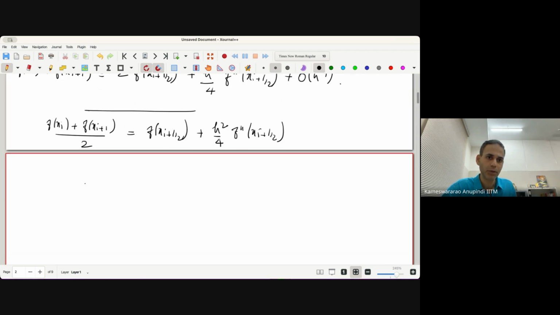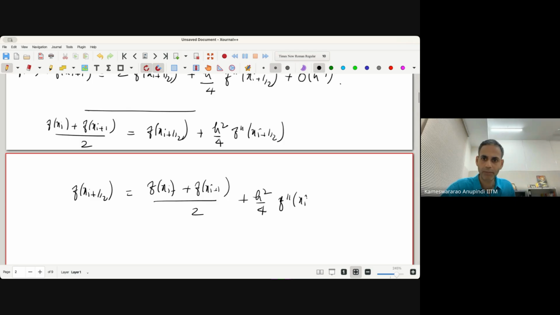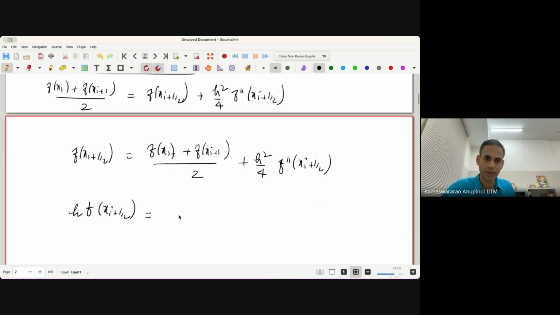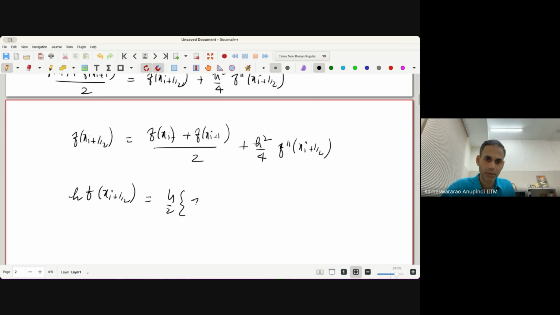That means if I were to write f of xi plus half equals f of xi plus f of xi plus 1 divided by 2 plus h squared by 4 f double prime xi plus half. If I were to multiply this with h, it's going to be h times f of xi plus half equals h by 2 times f of xi plus f of xi plus 1 plus h cube by 4 f double prime of xi plus half.